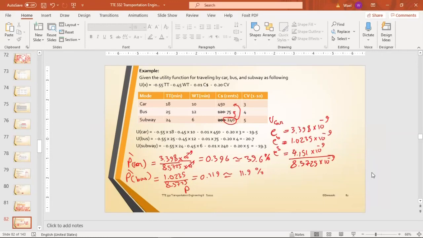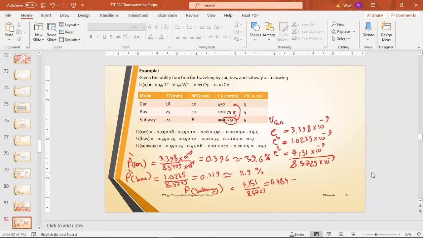The probability for using the subway equals 4.151 divided by 8.5725 equals 0.484.